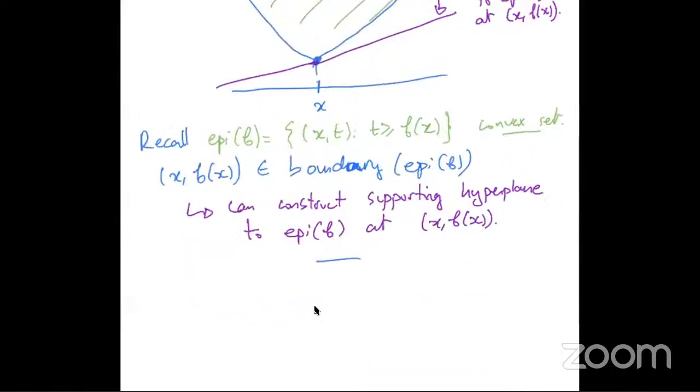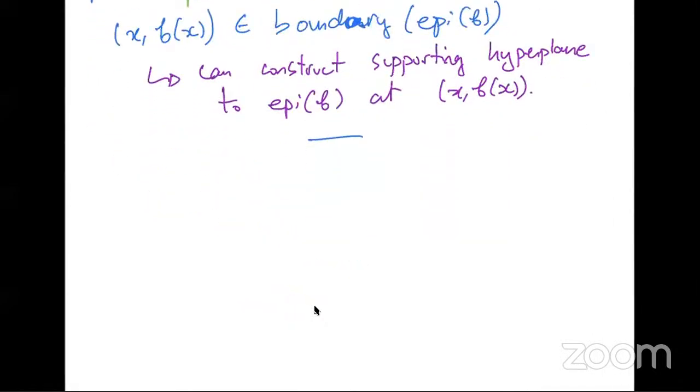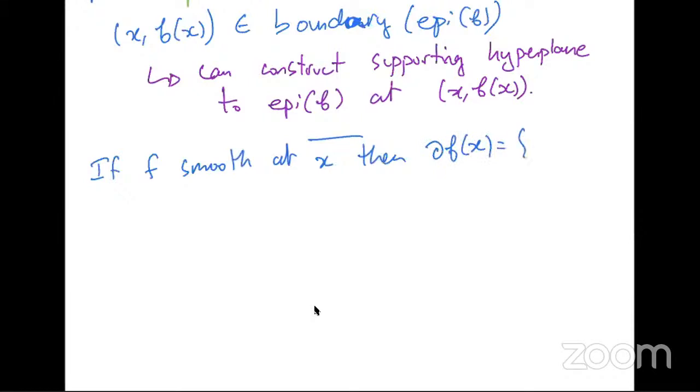It is clear, I will not explain too much, but if f is smooth at x, then the subdifferential of f at x just consists of one thing, which is the gradient of f at x. Again, this is clear if we draw a picture. If I want a global lower bound on f, the only thing I can take is the derivative of f.